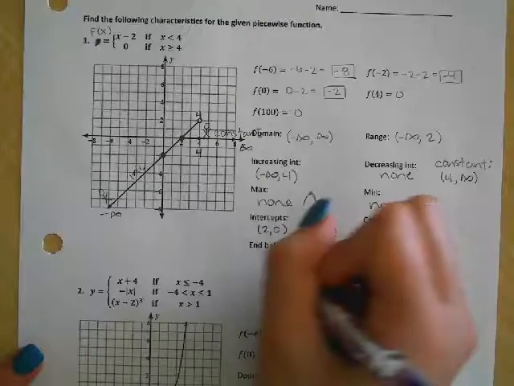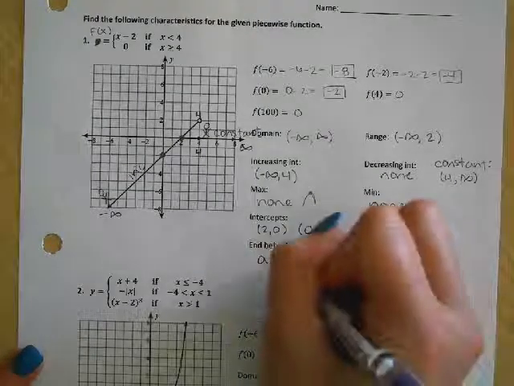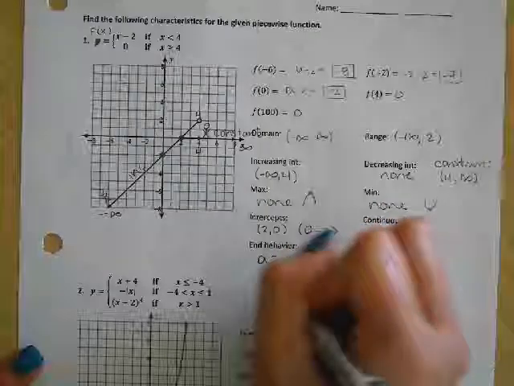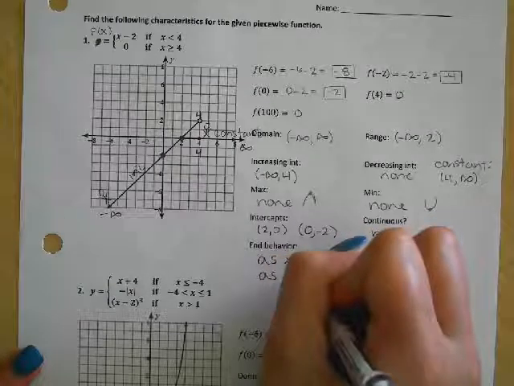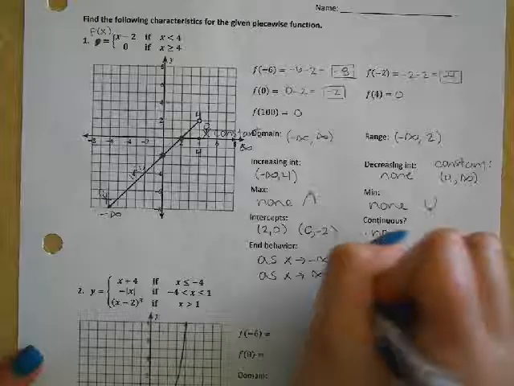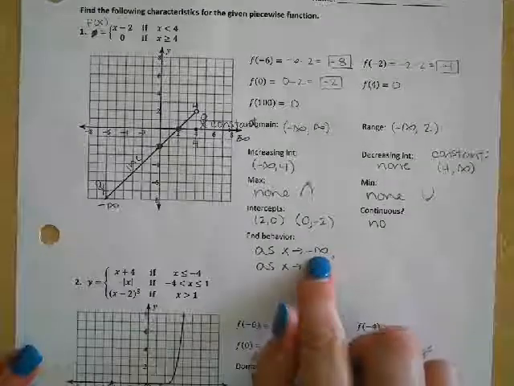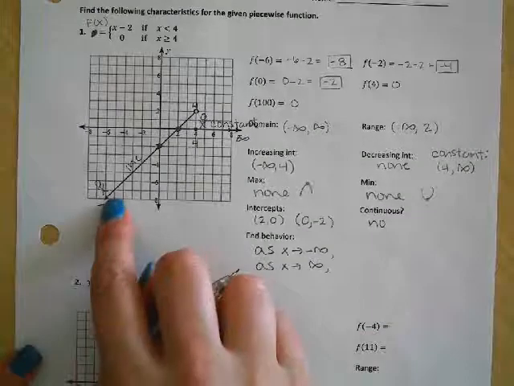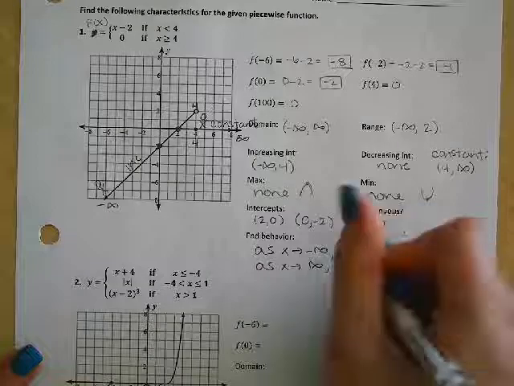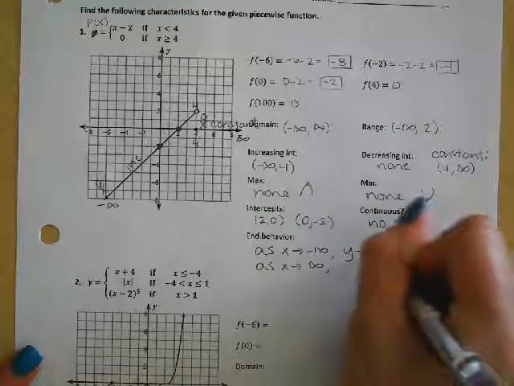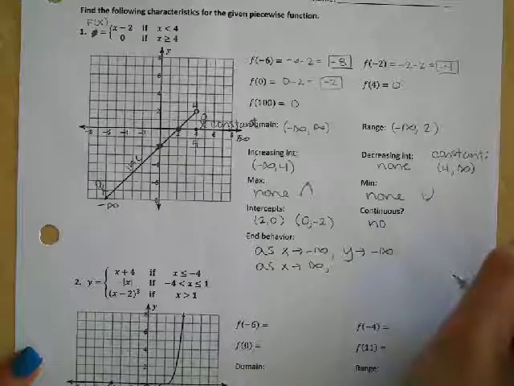All right, so for end behavior, we're going to look as x goes to the left and as x goes to the right. So as I look to the left forever, I can see that the arrow is going down. So that means that the y coordinate is -infinity. It's going down forever.